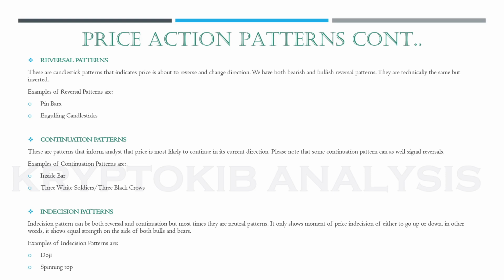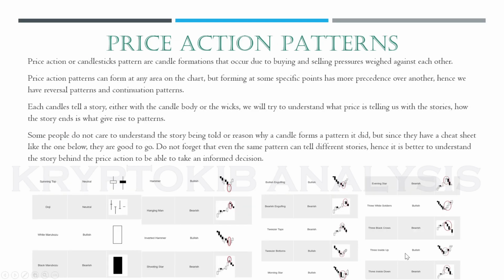That is because indecision patterns are truly neutral patterns. But when they combine with some other things, like you saw in the previous slide, where you have morning star and evening star, these are dojis. This is a doji star. This is also a doji star.